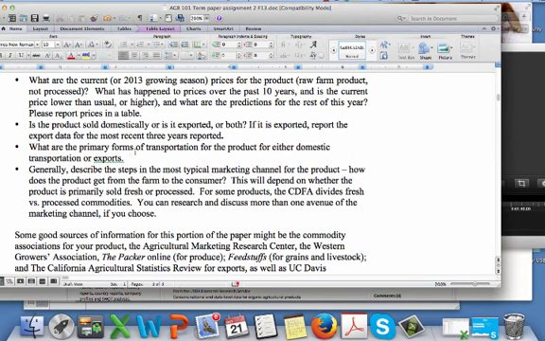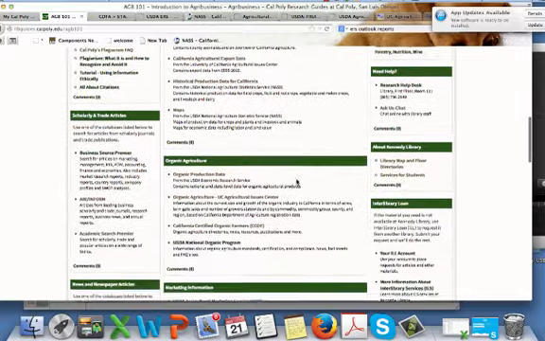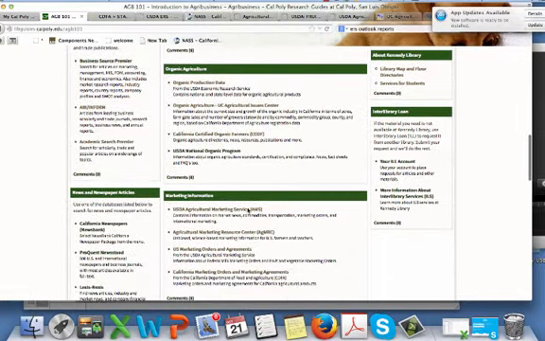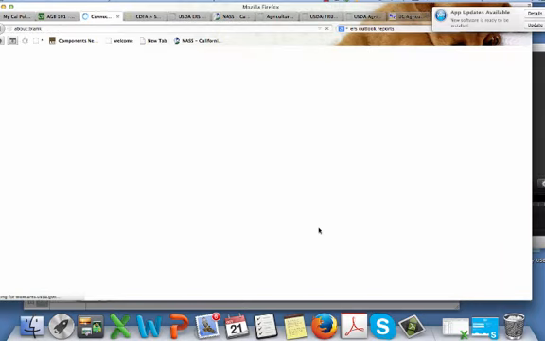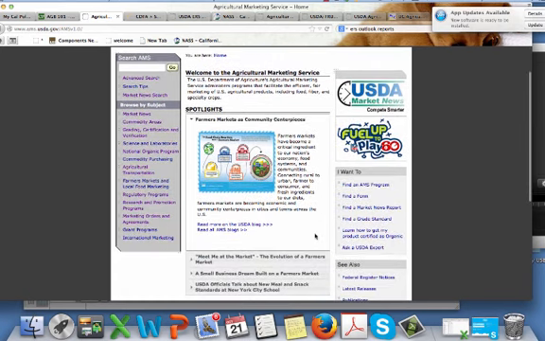To find the primary forms of transportation for the product, we're going to head back to the Agricultural Marketing Service. There are several resources we can use depending on what type of product you're looking for.